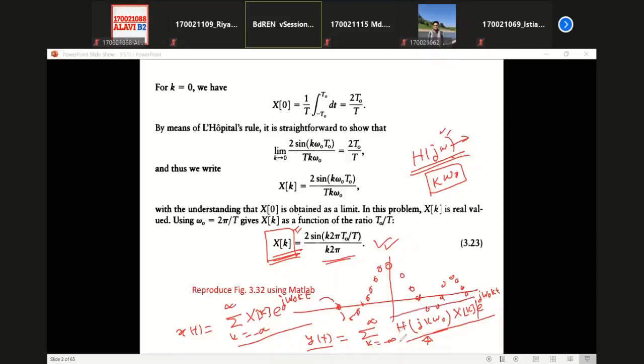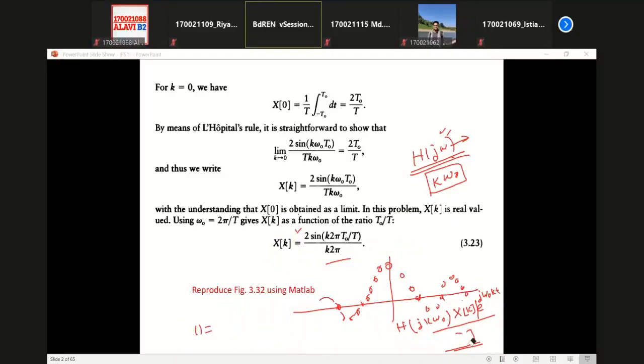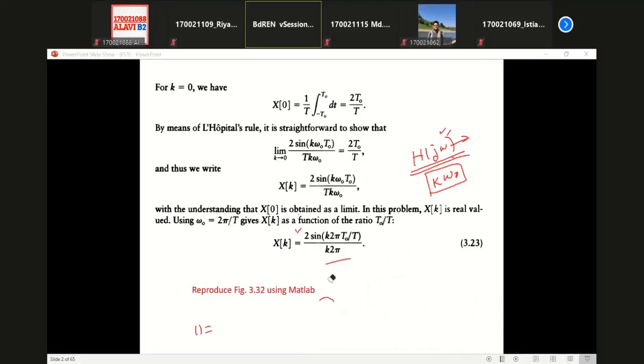We can consider this as Y_k, the new Fourier constants for your output. And the amplitude of your output for a particular value of k will be the amplitude of Y for that value of k. Let us illustrate this by using an example. This is the generalized thing for any circuit or system: if your transfer function is available, then we can calculate the output of our system in this way.